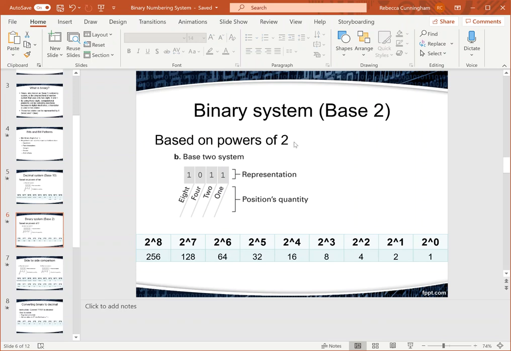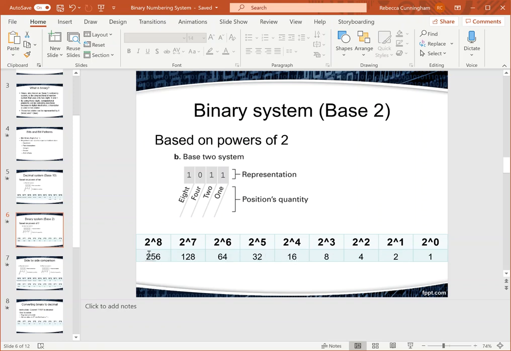Binary works exactly the same way in that you have places and each place is worth a certain value. Just like on the previous slide, this slide has a grid of powers of 2. We see that 2 to the 0 power is 1, 2 to the first power is 2, and so forth. You see these values doubling as we go through.